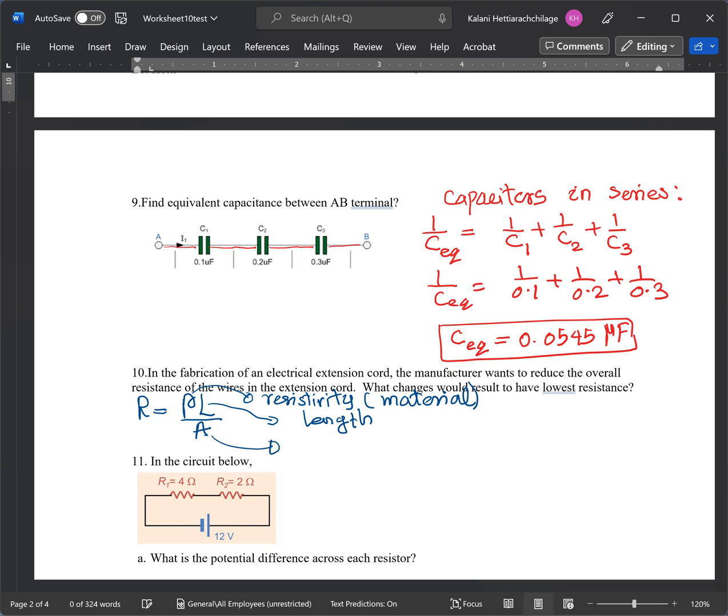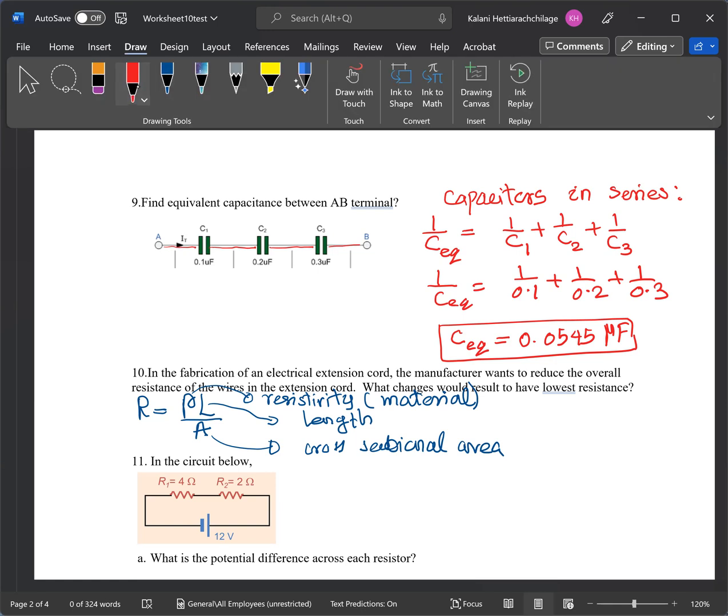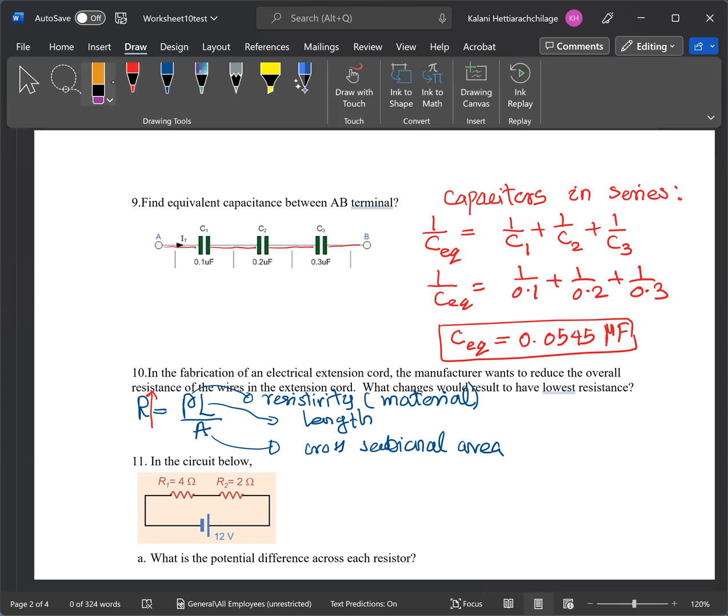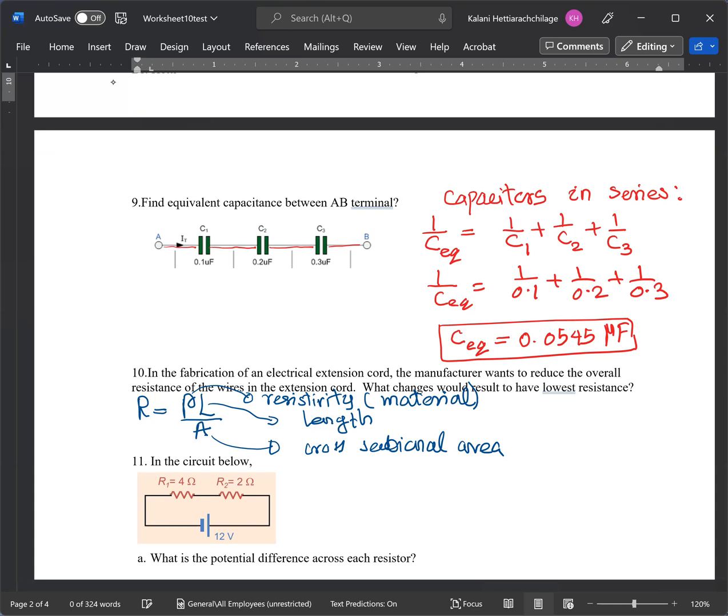And this is, as you know, the cross-sectional area. Right? So now if I need to increase the resistance, what should you do? We want to reduce, sorry, we need to reduce. Not increase, we need to decrease.